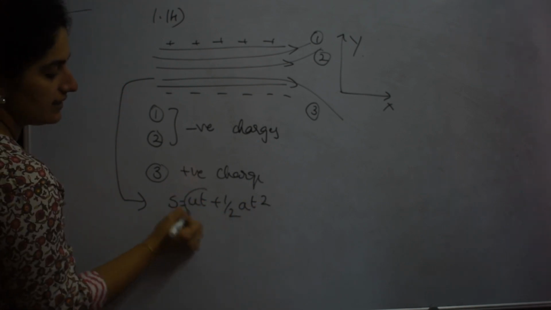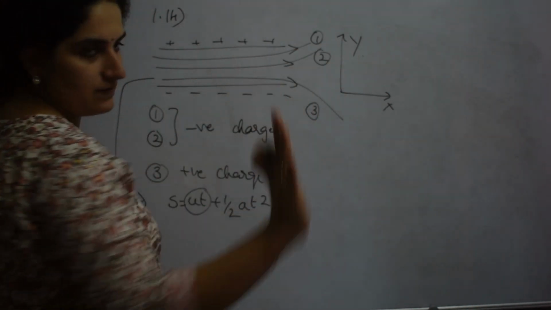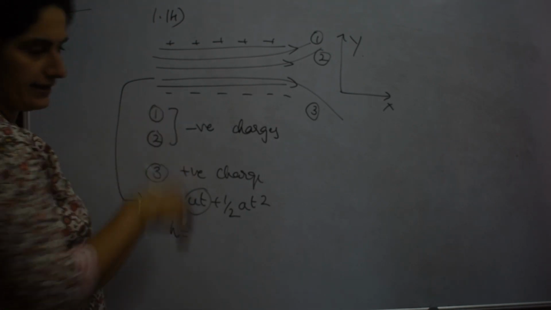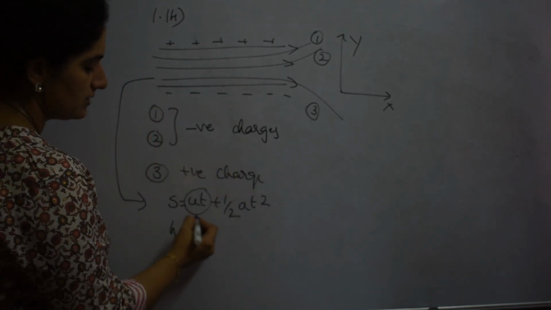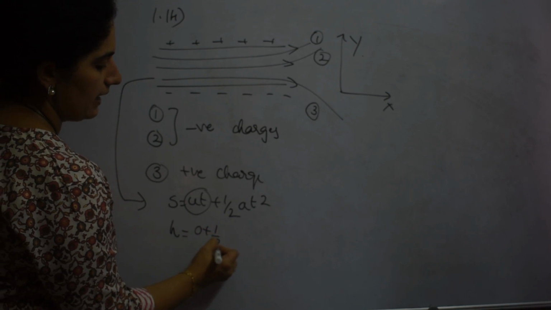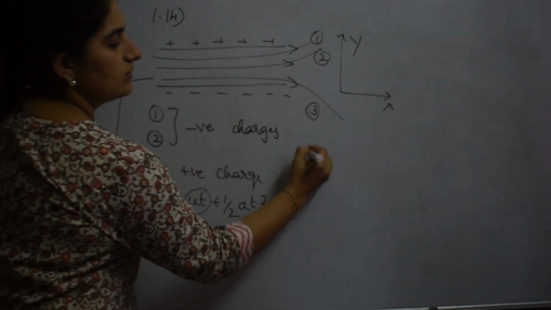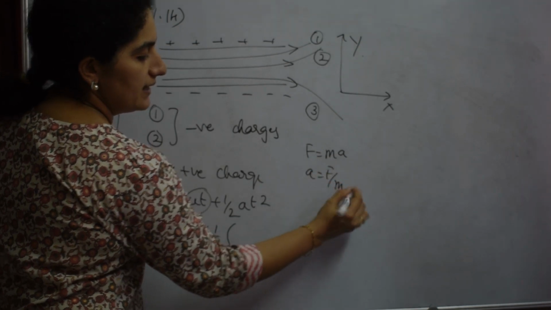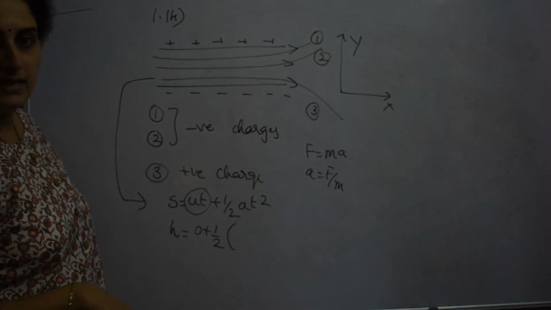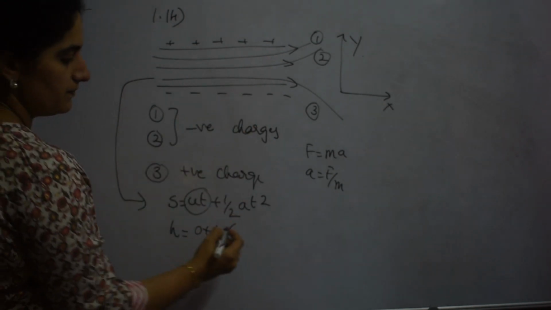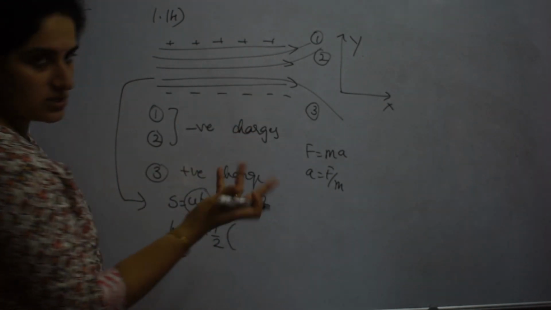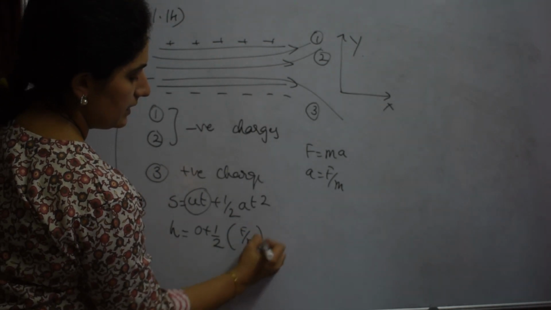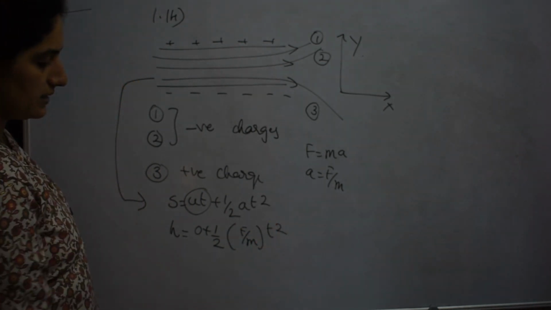We will take this as the horizontal one, so we will not consider it. I will take it as h, the height or deflection, equal to 0 plus half, instead of a, we know that F is equal to m into a, so a is F by m. M in the sense we can take it as the mass of the positive charge or the negative charge. So half F by m into t square.